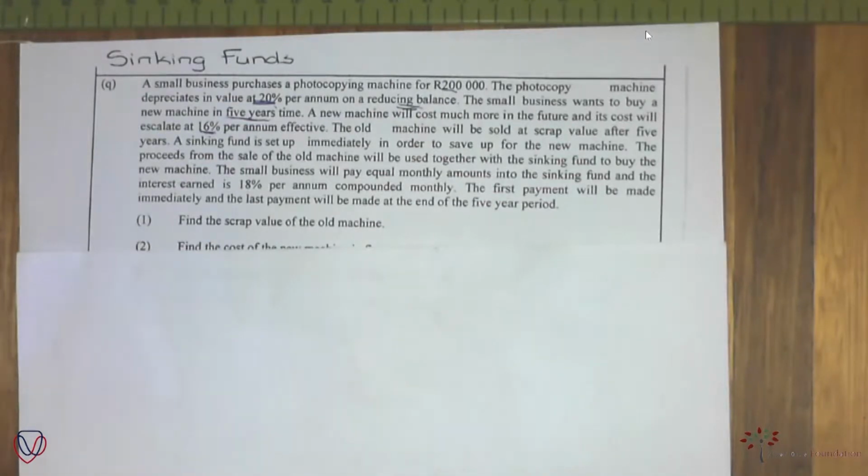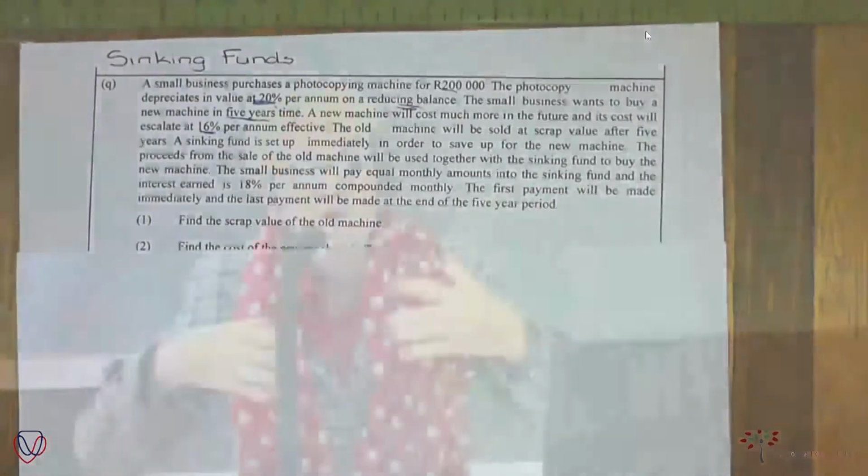I sell the old one at scrap value, so it's not going to be worth much. But I can use that money plus the money that I saved, and that money will be the value of the new machine. So this chap is thinking forward.